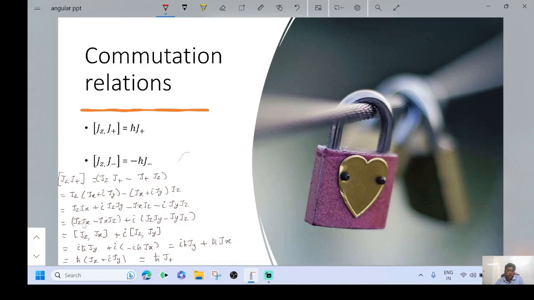Combining these terms, we get [Jz, Jx] plus i [Jz, Jy]. This is i h cross Jy plus i into minus i h cross Jx. Since i squared is minus 1, we get i h cross Jy plus h cross Jx. Taking h cross outside, we have Jx plus iJy, that is J plus. So the result is h cross J plus. The same way we may prove the second condition also.